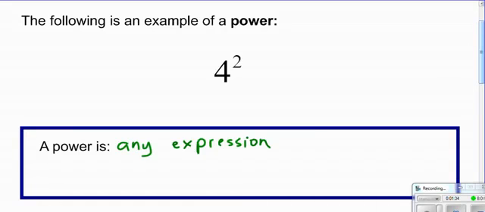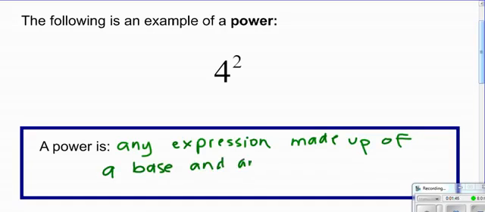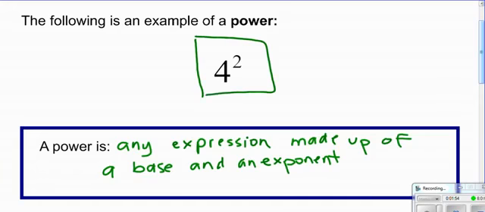So a power is an expression that is made up of a base and an exponent. That means this whole thing together represents the power.